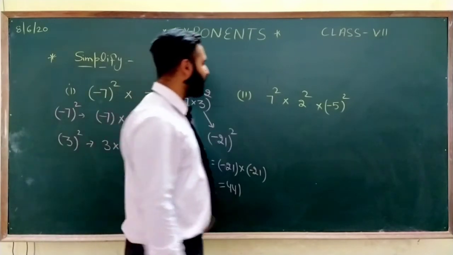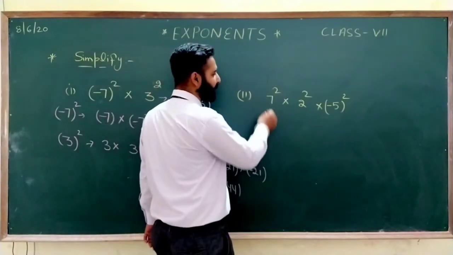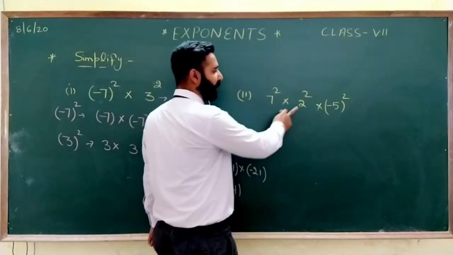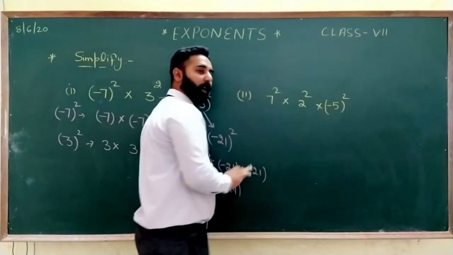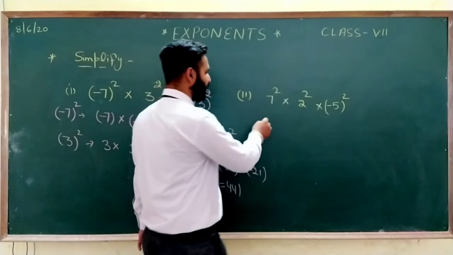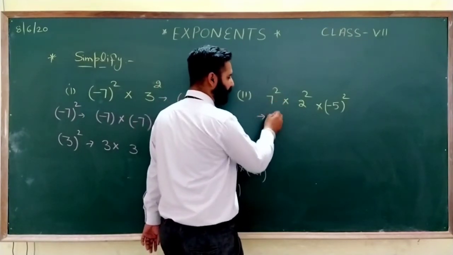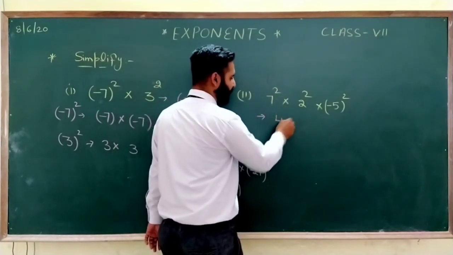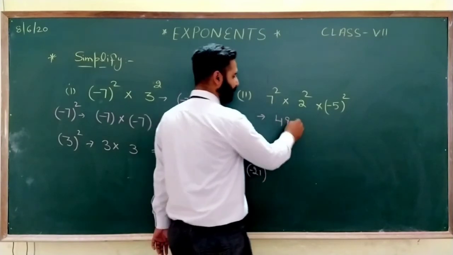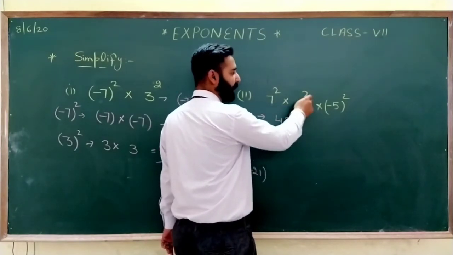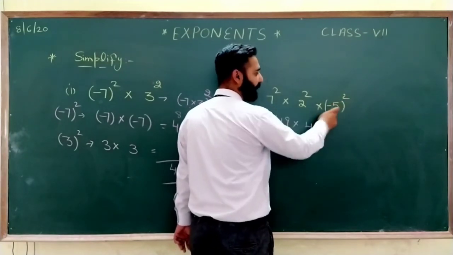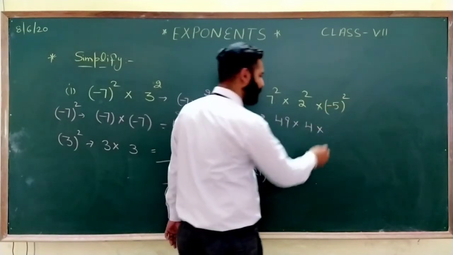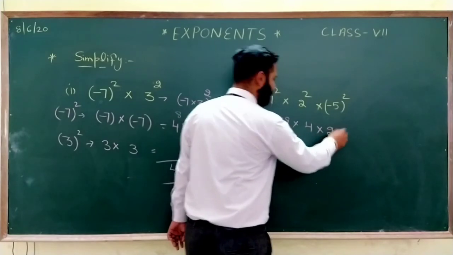Now the second part, the second question, says 7 square multiplied by 2 square multiplied by minus 5 square. So in the same way you can solve it: 7 square, 7 multiplied by 7, will become 49, multiplied by 2 into 2, which will become 4, and minus 5 square, 5 into 5, will become 25.